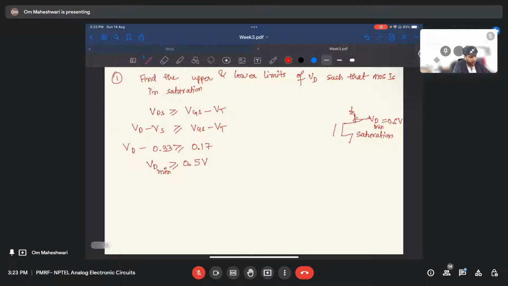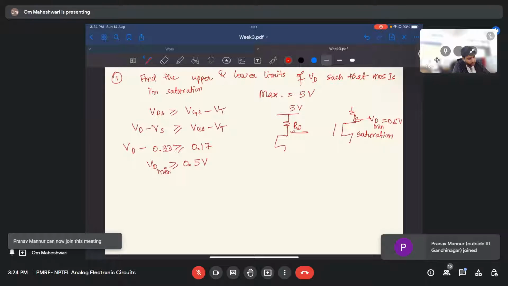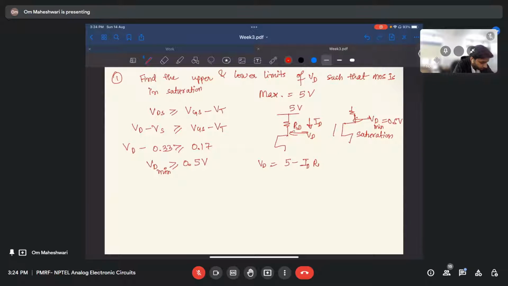Okay, so to find the maximum condition, VD can always be greater than or equal to this, right? So maximum can be anything. And what maximum do we have? The max we have is 5 volts. So let me draw this. This is 5 volts. This is VD. If ID current is flowing, VD equals 5 minus ID RD, right?